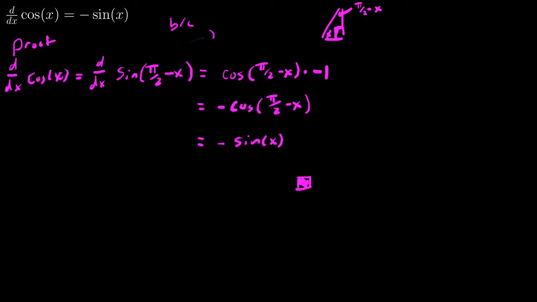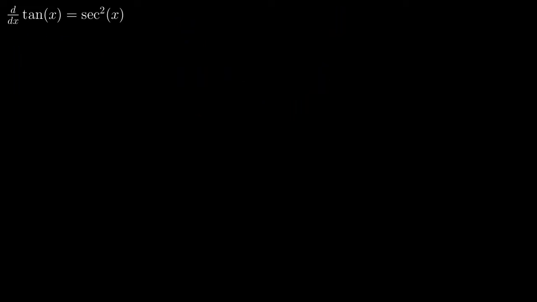Now that I have cosine and sine, I can go through and get the rest of the derivatives very easily, mostly using quotient rule. So in here, I'm going to, again, start with the left-hand side. So the derivative with respect to x of tangent x.